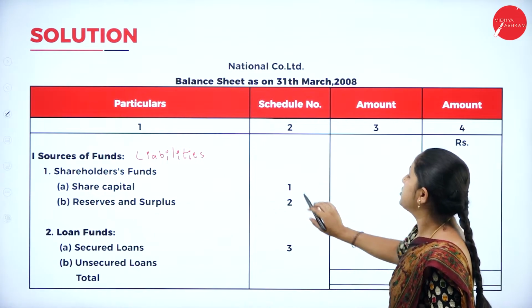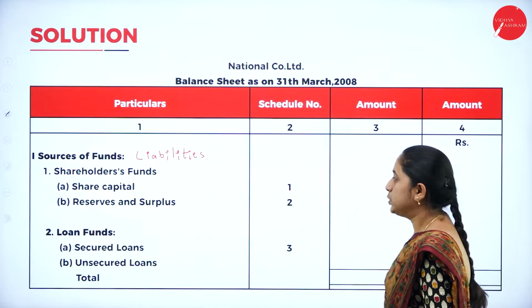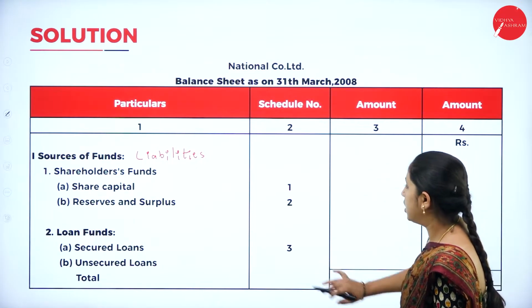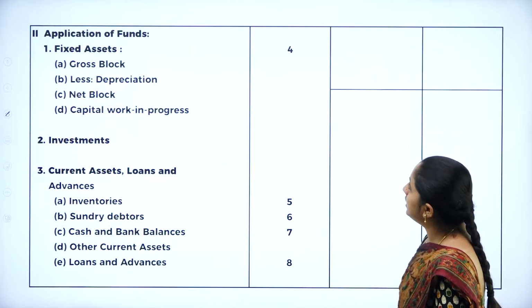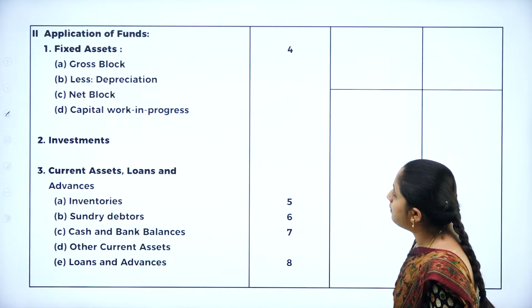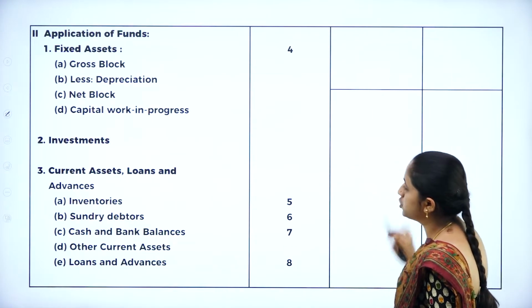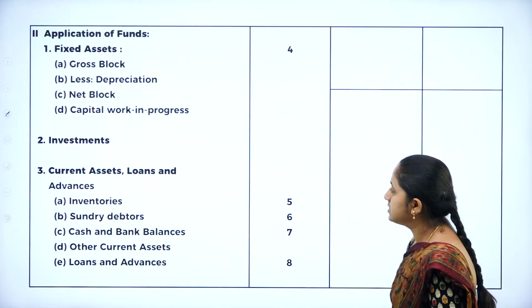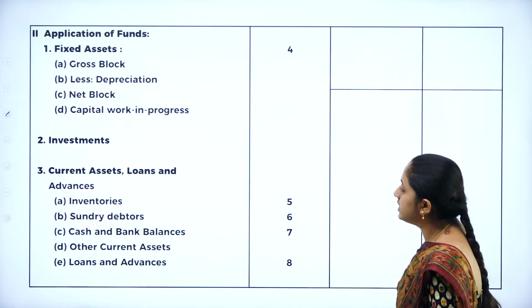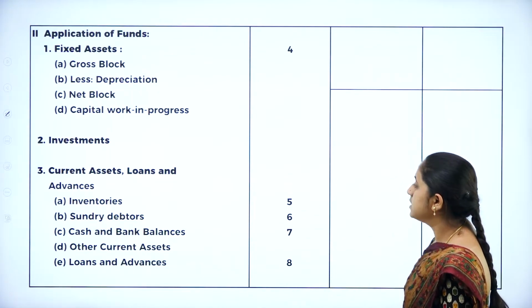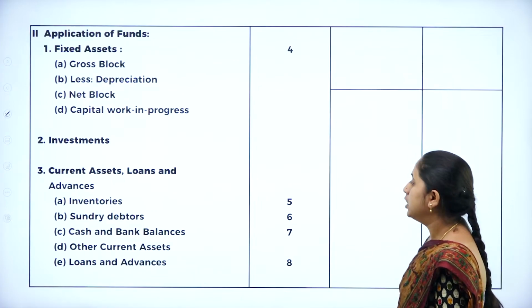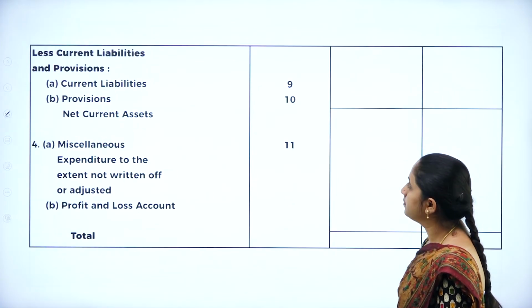We need to prepare Schedule 1 share capital, Schedule 2 reserves and surplus, secured loan, unsecured loan, then fixed assets, then capital work in progress. Directly we can write it in the balance sheet. Then investment also. Then current assets. Current assets include inventories, sundry debtors, cash and bank balance, other current assets, then loans and advances.